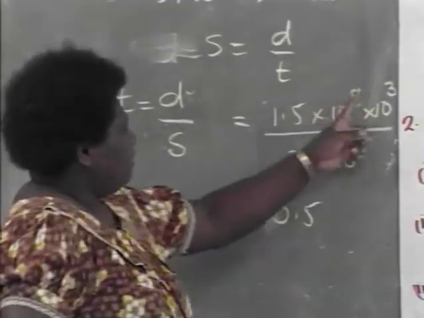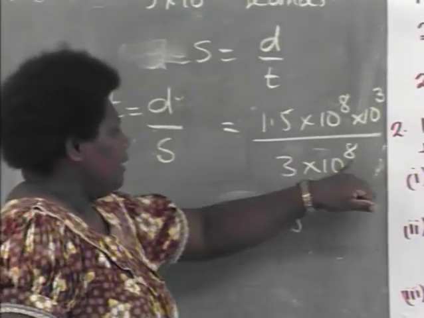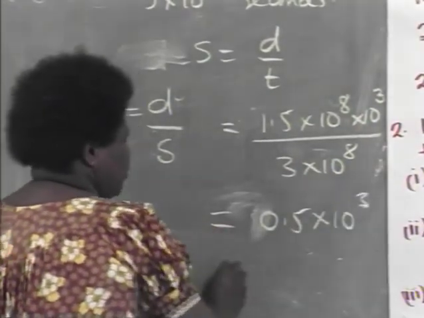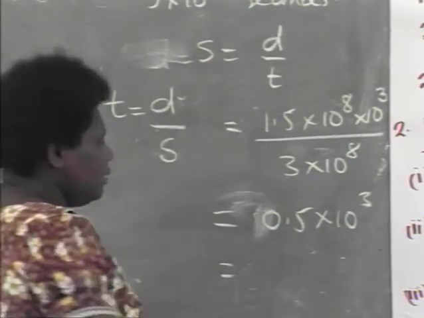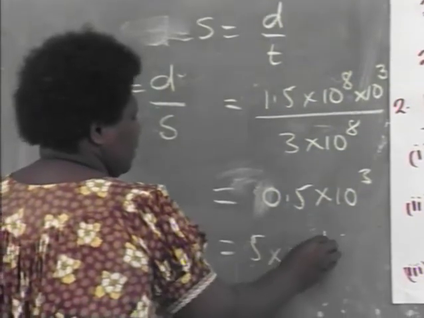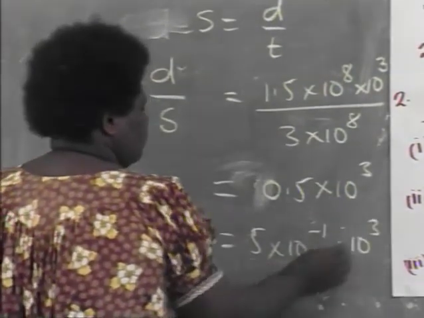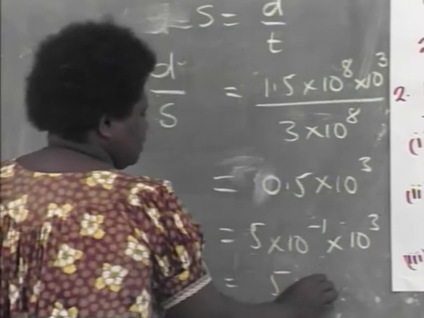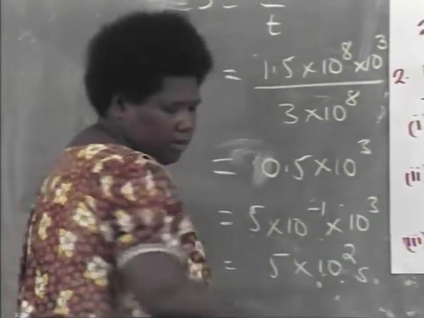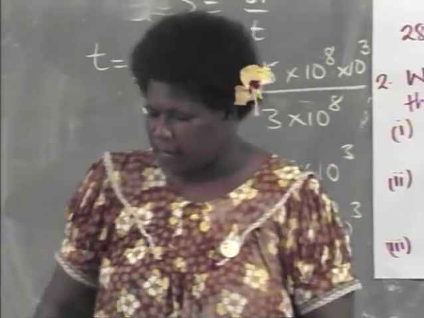And then 11, that's 8 plus 3 is 11. 11 take away 8 is 3. So 0.5 times 10 to the power of 3. This is rewritten as 5 times 10 to the power of negative 1 times 10 to the power of 3. The answer, 5 times 10 to the power of 2. And make sure you write the units down. It's in seconds.